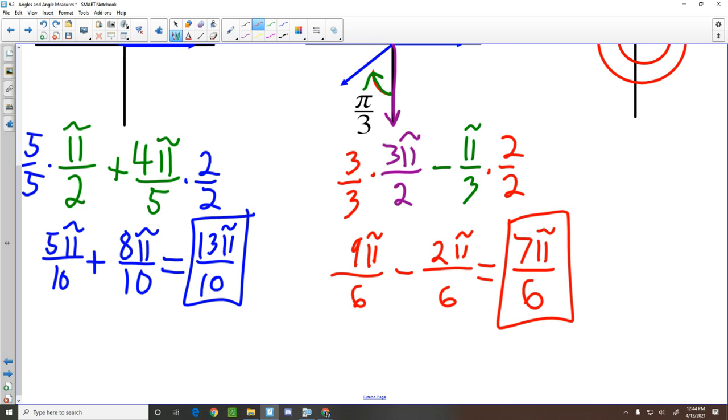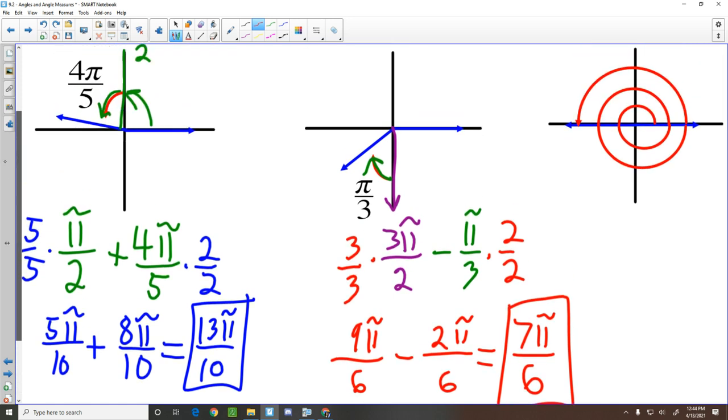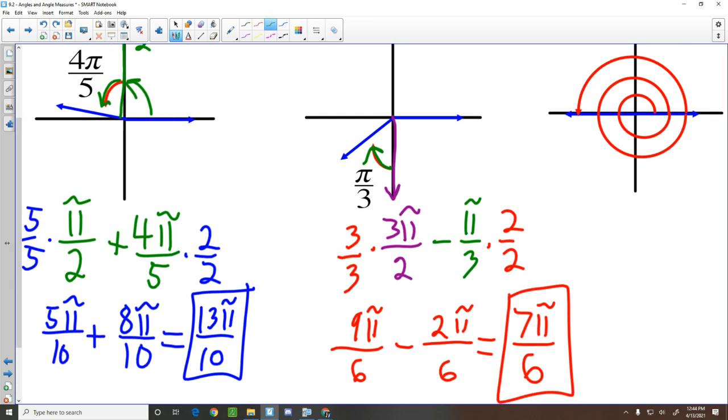Okay, this last one's actually the easiest of these 3. You ready, everybody? I'm starting here. 1 complete time around the circle. How many pi's is that? That's 2 pi, right? 1 full rotation is 2 pi.